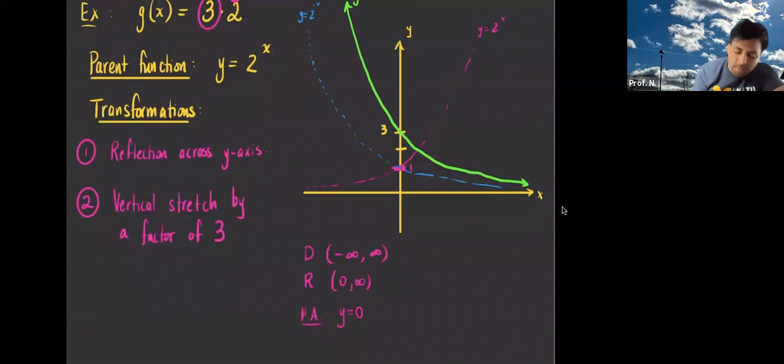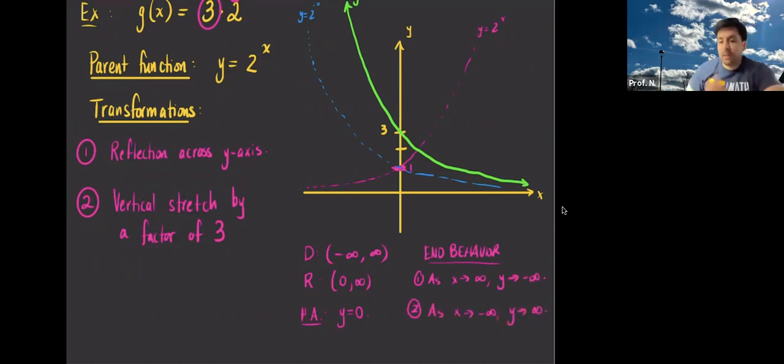And if you want to talk about end behavior, right? If you want to talk about the end behavior of this function, then as x goes to infinity, y goes to negative infinity. And as x goes to negative infinity, y goes towards positive infinity.